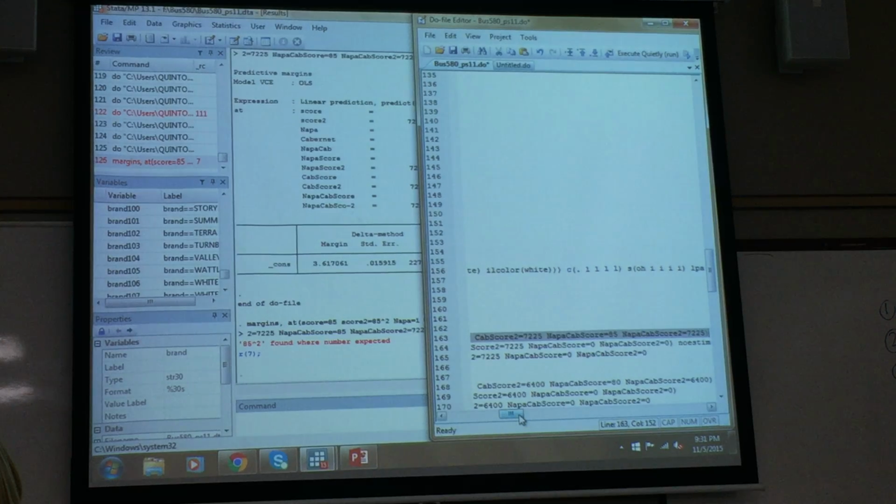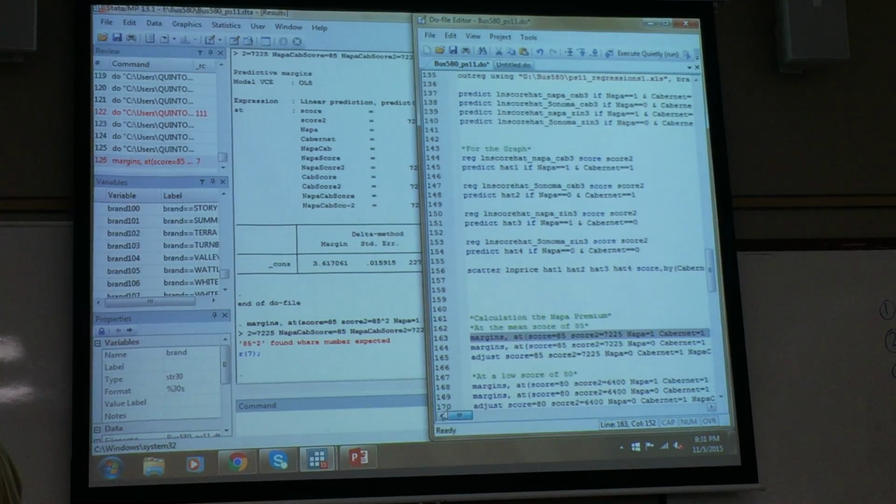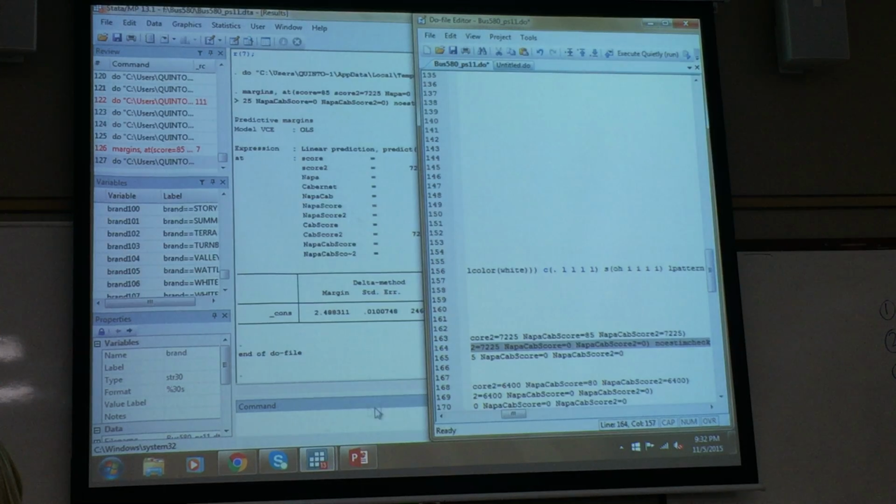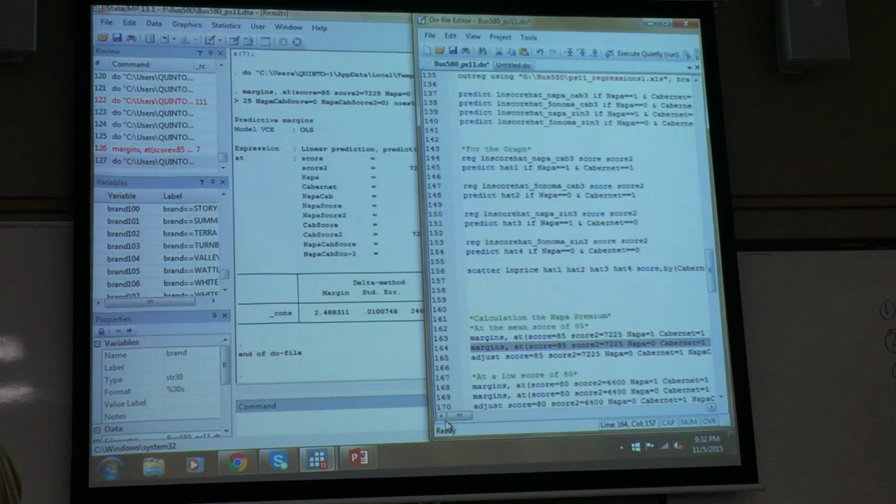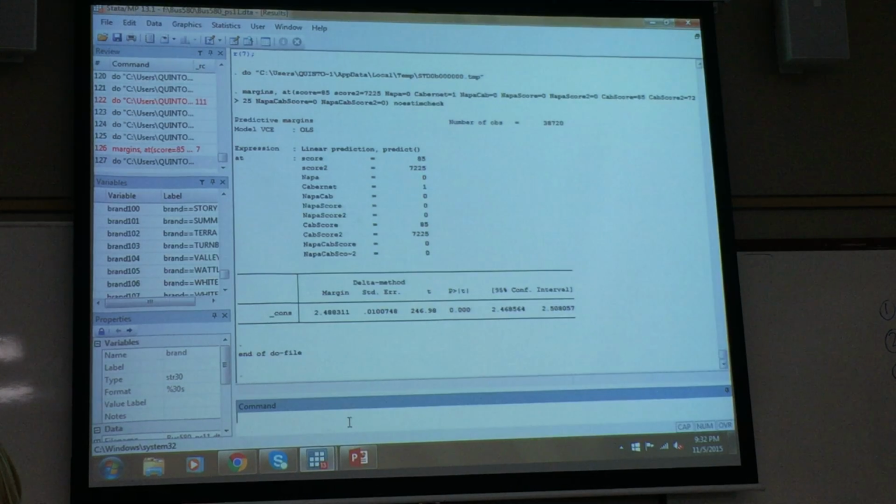All right, that's log price. Early log price. We got, what is this? Is this Napa or Sonoma? Sonoma.